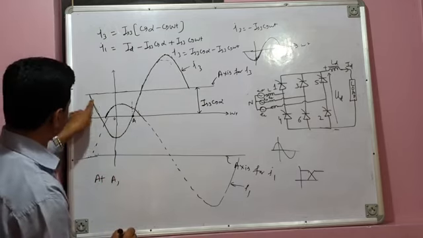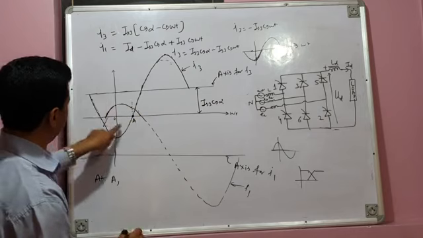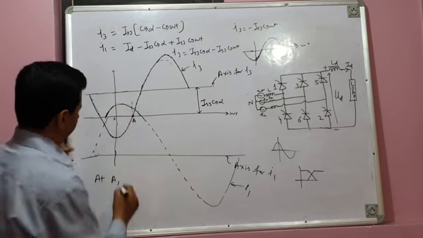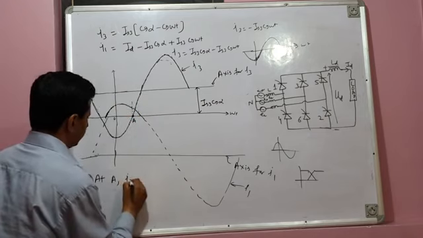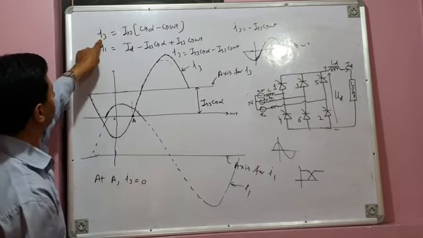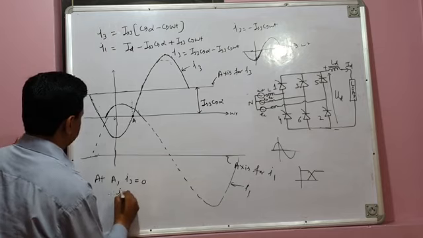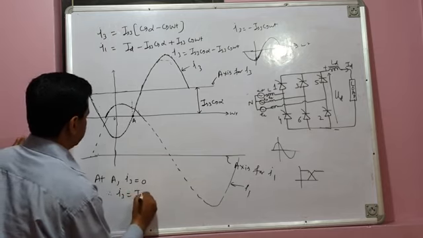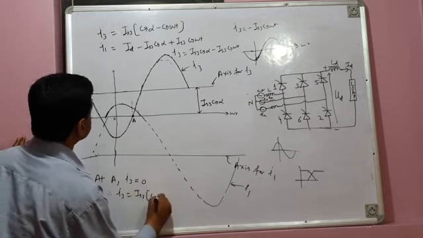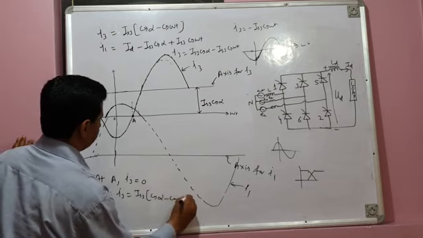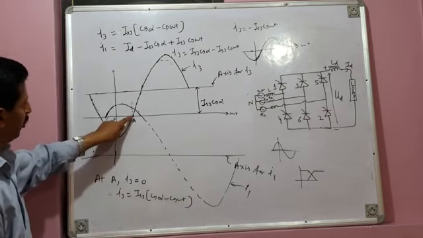Now at A, this is my waveform for I3. What is I3 at A? I3 is equal to 0. So therefore, if I take this expression, I3 is equal to IS3 times cos alpha minus cos omega t. So at A, this point, I3 is 0.